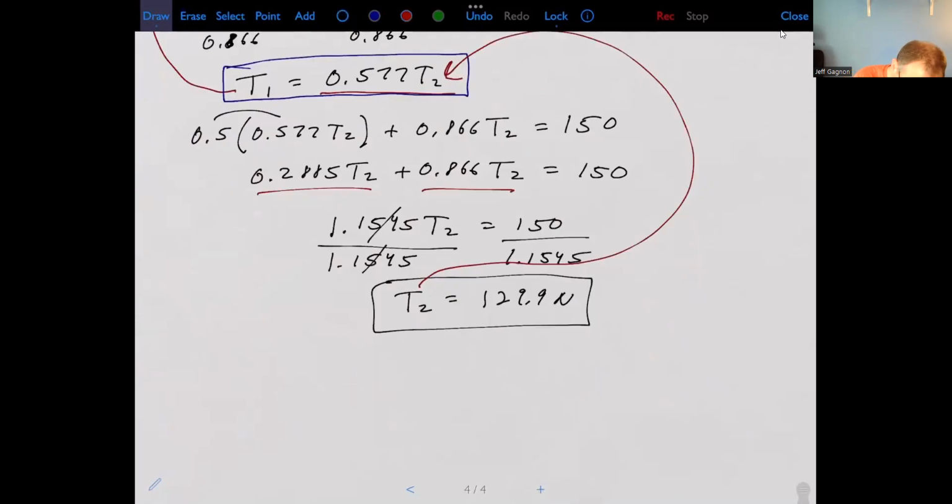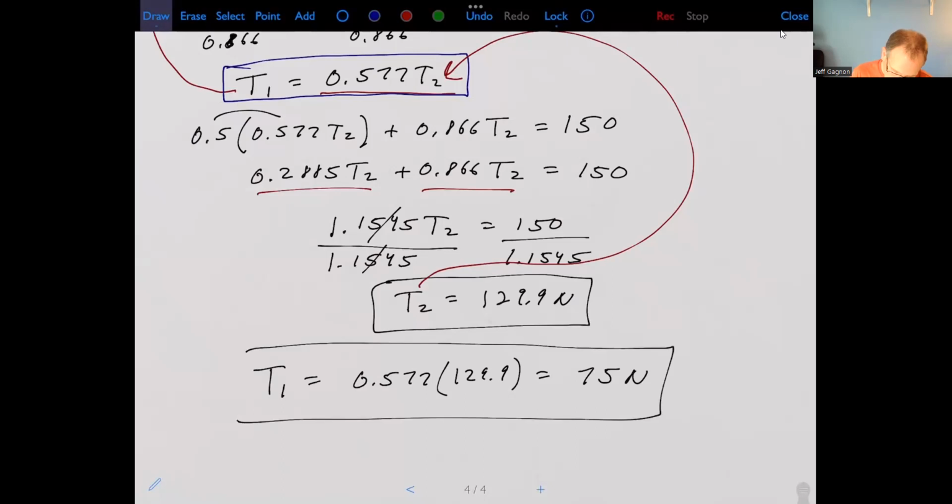So in this case, T1 is equal to 0.577 times 129.9. And if you work that out, of course, you're going to get 75 newtons. So there are multiple ways that you can solve these systems of equations if you end up with a system of linear equations. But the two most common ones are the two that we just showed you, elimination and substitution.